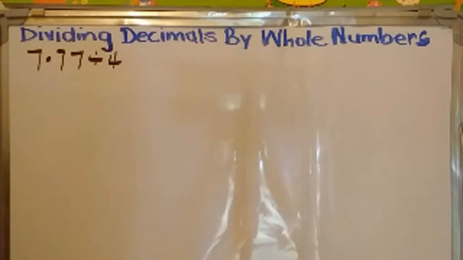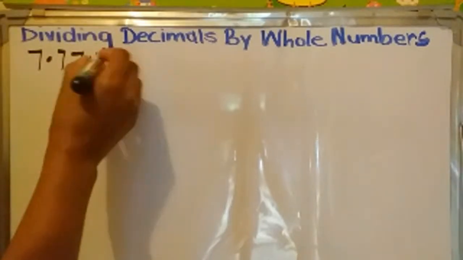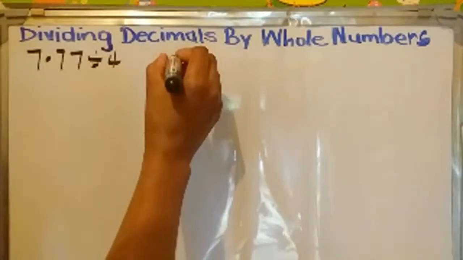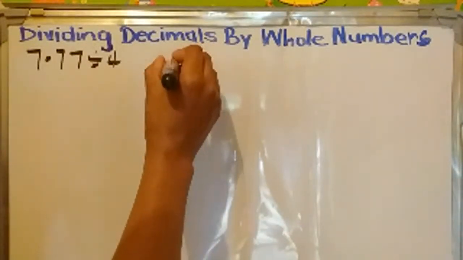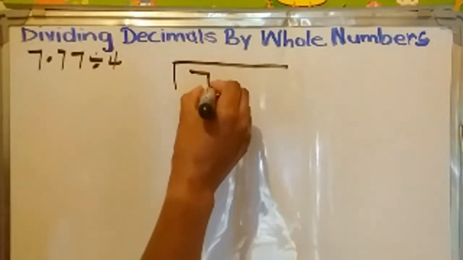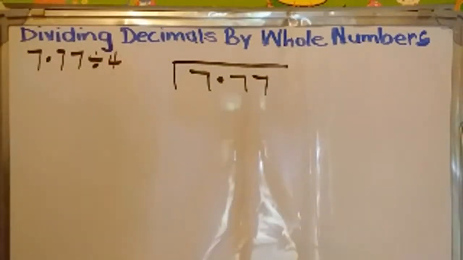Remember now, guys, the first thing you do is to set the problem out. We're setting it out like regular division. This is how you go about setting it out. 7.77 is known as your dividend.